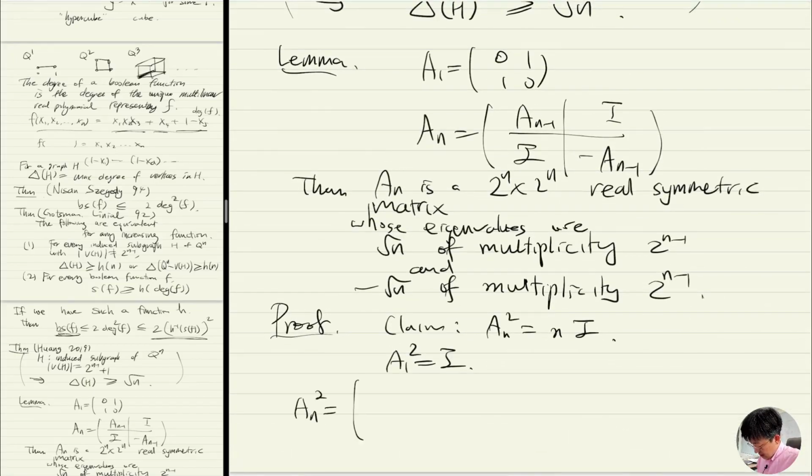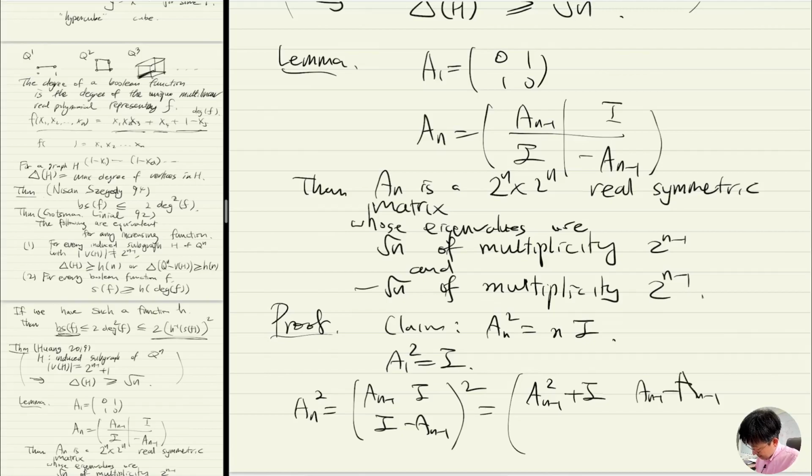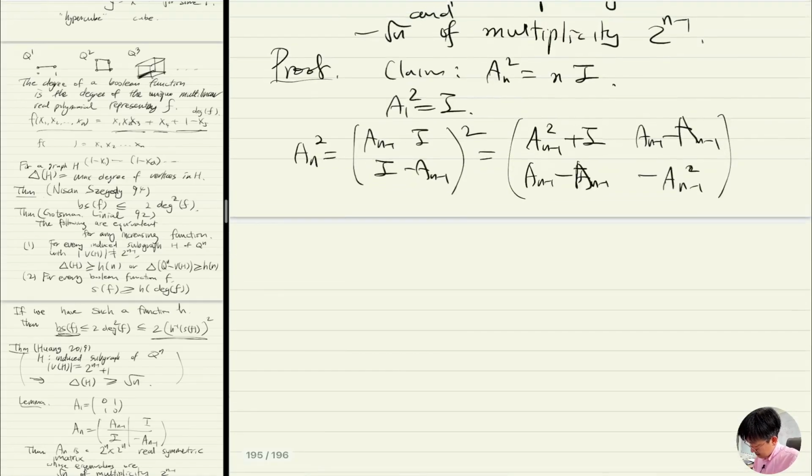And A_n squared is, multiplying the blocks, A_(n-1) squared plus I, and then A_(n-1) minus A_(n-1) in the off-diagonal blocks, and I plus A_(n-1) squared. And I know by induction that this is (n-1)I plus I on the diagonal, and 0 elsewhere. So this is nI.